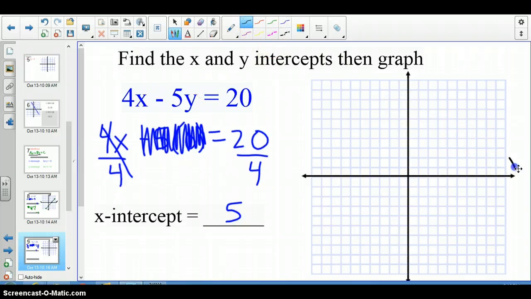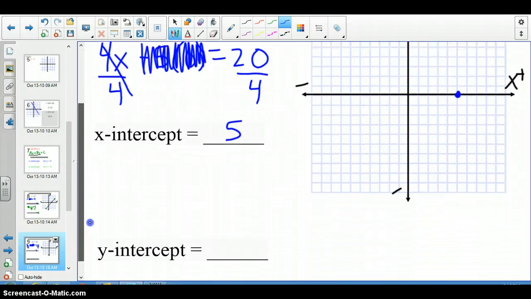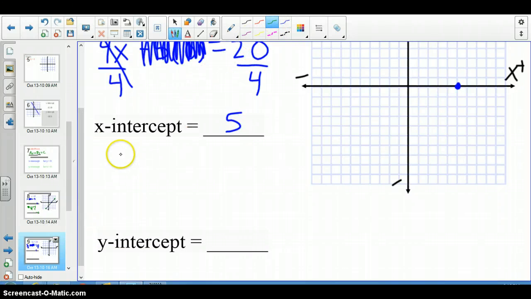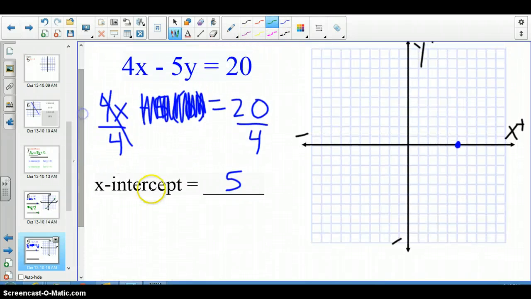So now we could go and plot that. So I'm going to label my x and y axes. So x-intercept, so I go to my x-axis at 5 and plot a point. Then find my y-intercept. So I'm going to plug 0 in for x.